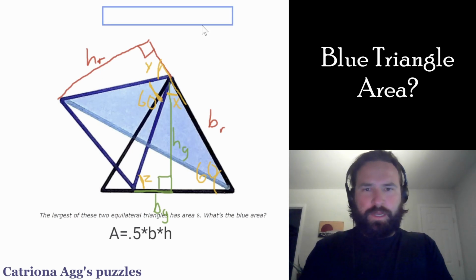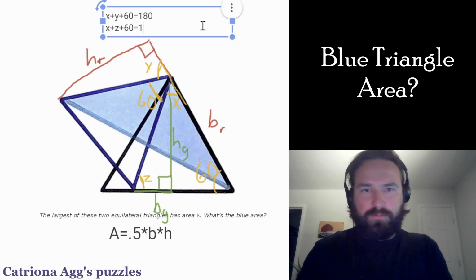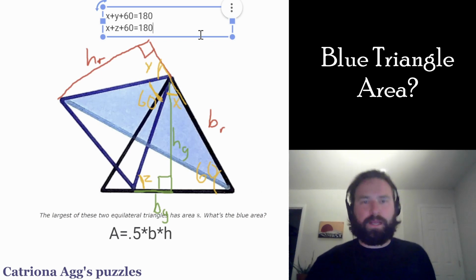So here, x plus y plus 60 is going to have to equal 180 because they're on the same line. And we also know that x plus z plus 60 has to equal 180 because they're in the same triangle.